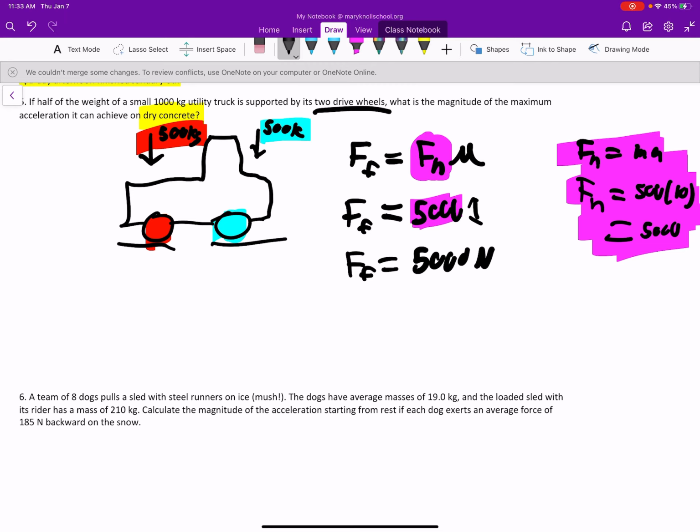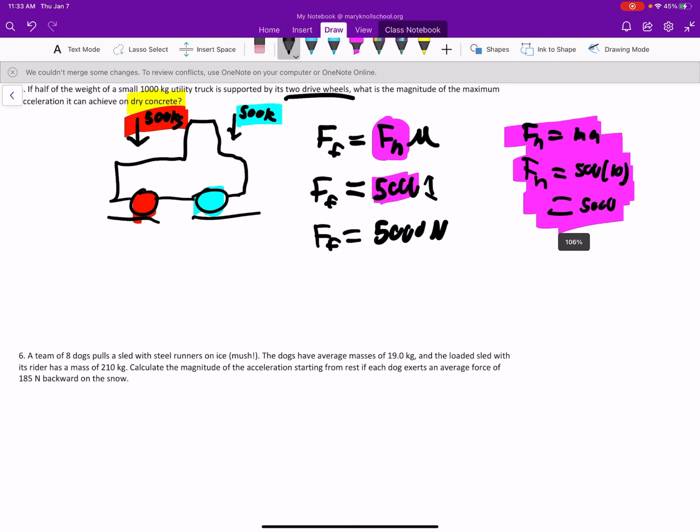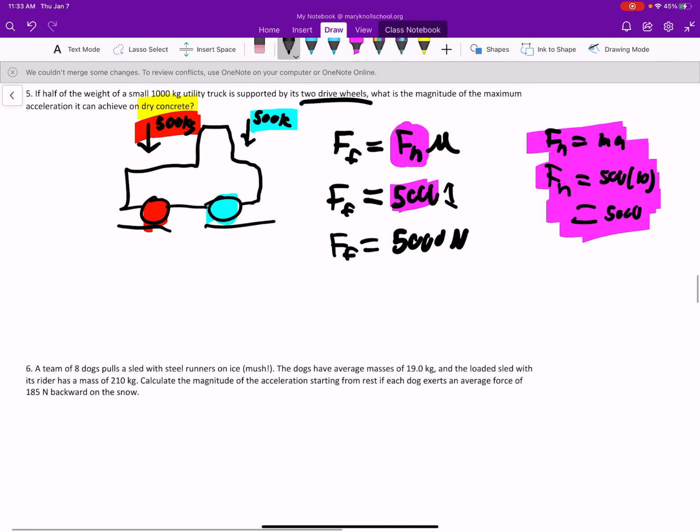All right, so that's the maximum force we can obtain, but what about the maximum acceleration? So we can plug that back into force equals mass times acceleration. And we're accelerating the whole truck, even though the frictional force is only acting on the drive wheels.